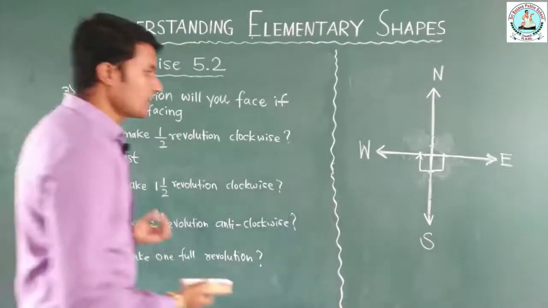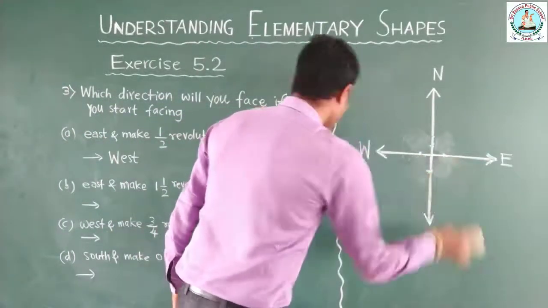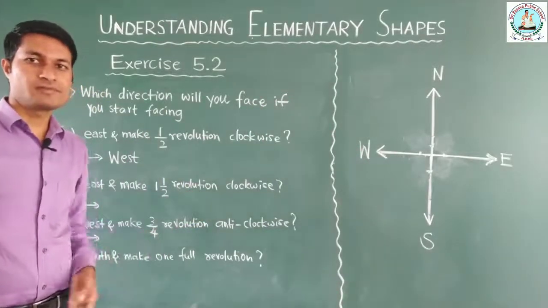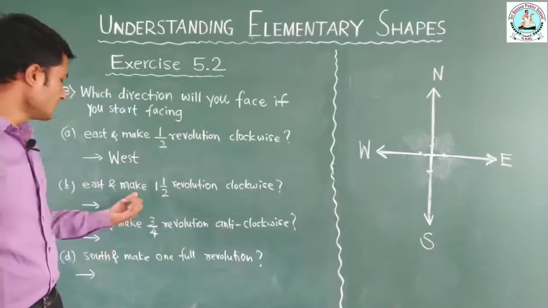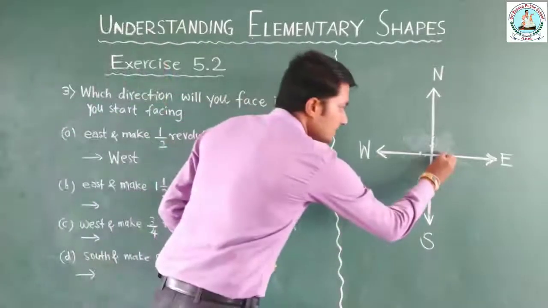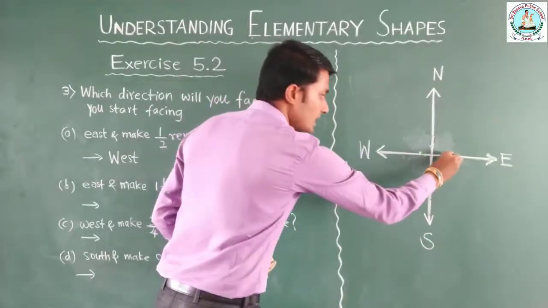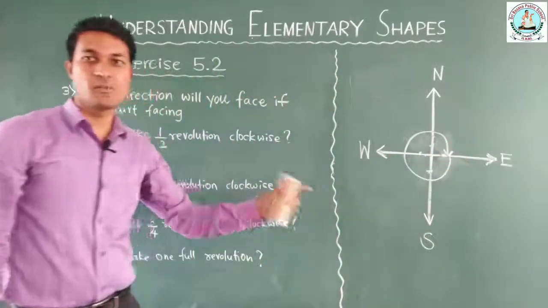Next, right now again you are standing and facing towards east, and this time you are making 1.5 revolution. So 1.5 revolution means 1 complete revolution, afterwards again another half revolution. So see here, this is the west direction, this is the east direction you are facing right now, and you made 1 complete revolution and you have reached your original point.